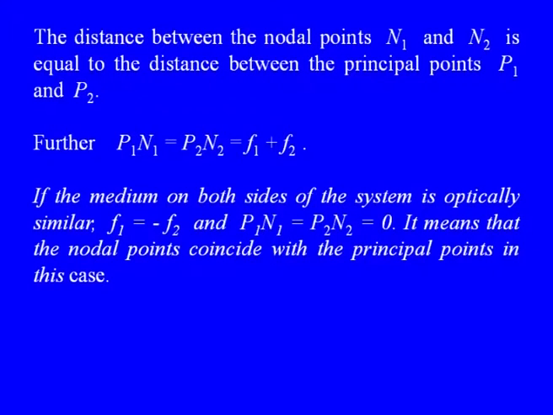It means that the nodal points coincide with the principal points. So, if you have the same medium on both sides, these pair of points have equal lateral magnification and also equal angular magnification.